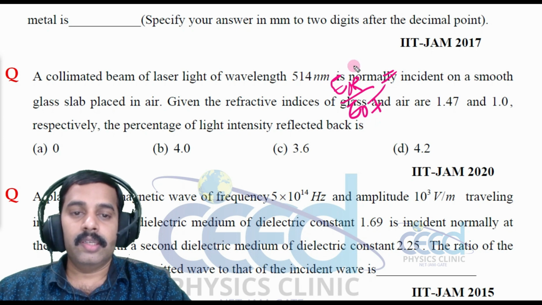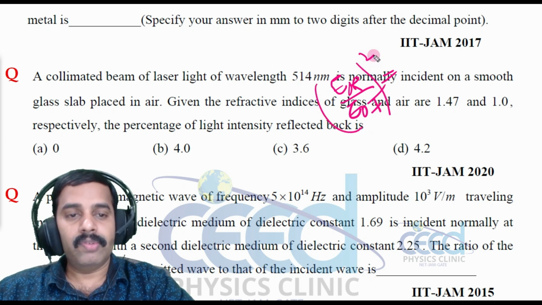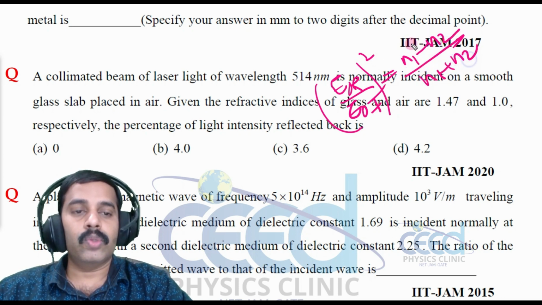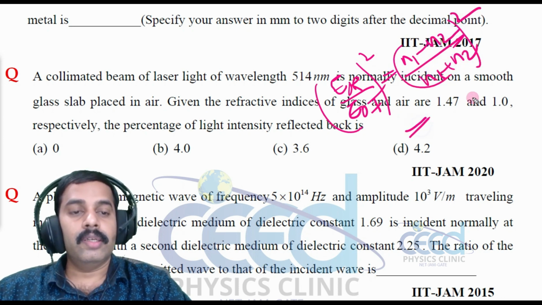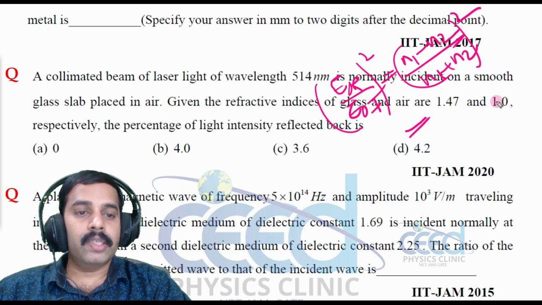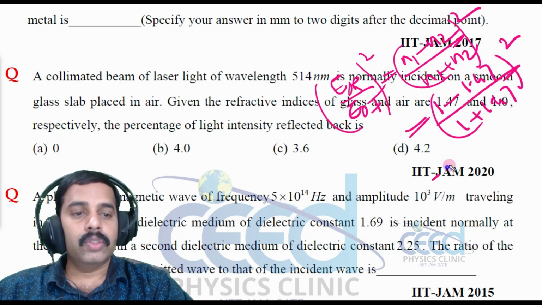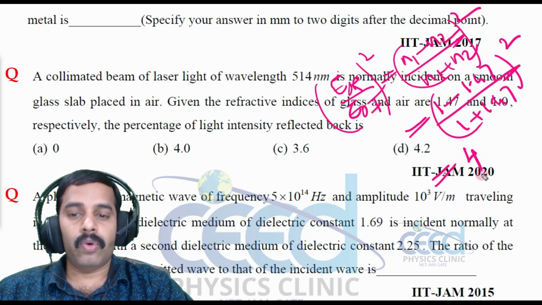This is the amplitude of the reflected wave, and for intensity, that is the square of this, that we have studied as (n1 minus n2) divided by (n1 plus n2) the whole square, right? What is n1? n1 is the air refractive index, that is (1 minus 1.47) divided by (1 plus 1.47) the whole square. So when you do this, you will get a 4, right?